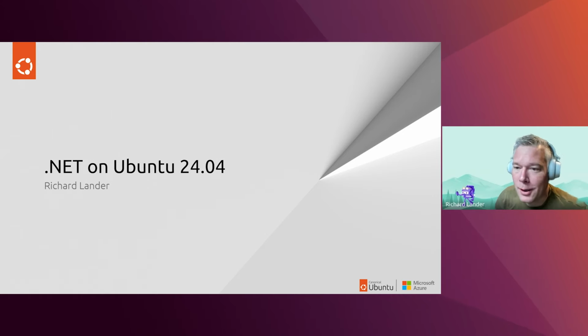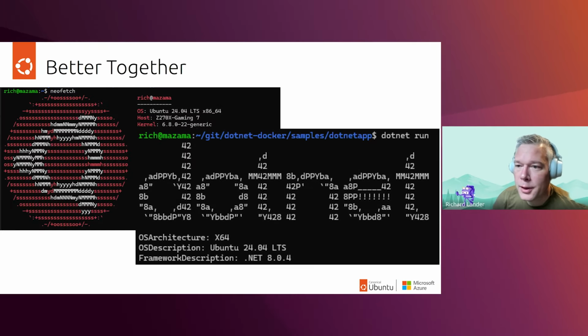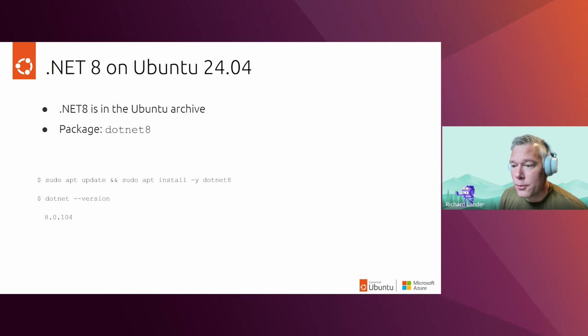Great. Thank you, Nara. So I'm going to talk about how you get .NET installed and how you get going on Ubuntu 24.04. Canonical and Microsoft have been working together now for a few years, making .NET and Ubuntu work better together. So let's start with .NET 8. .NET 8 is available today with the Ubuntu 24.04 launch in the Ubuntu archive.